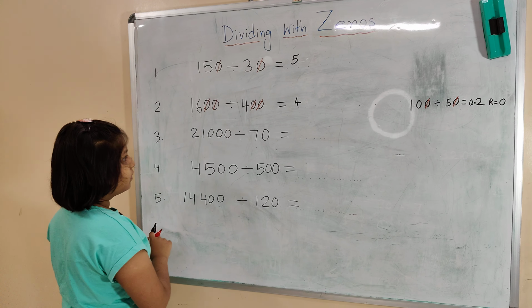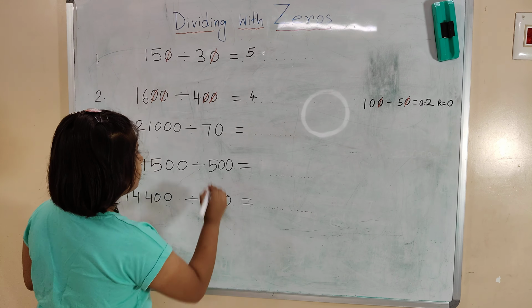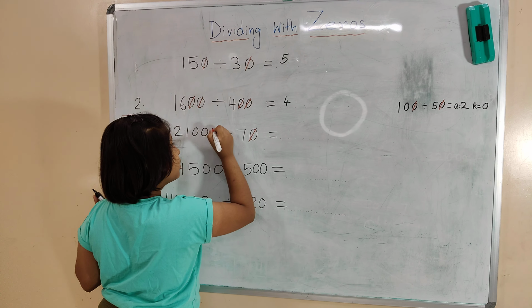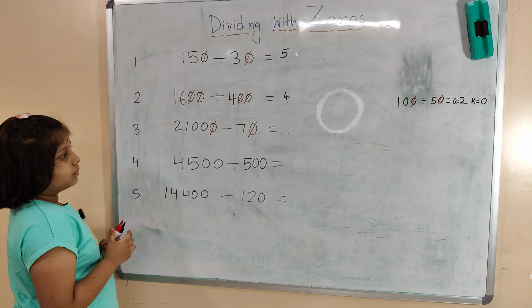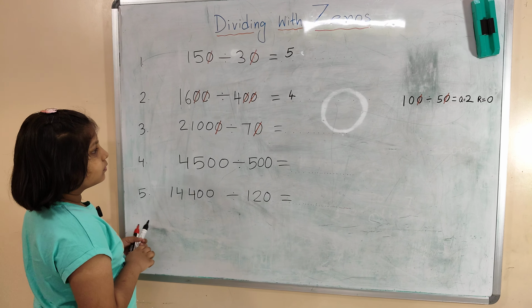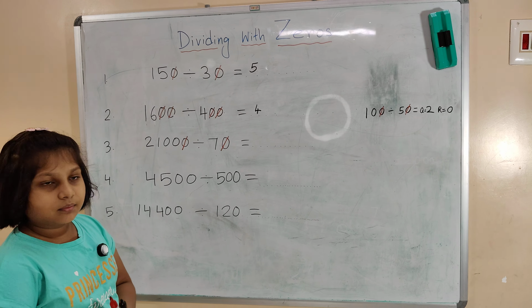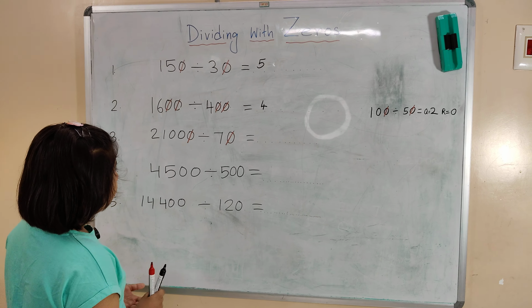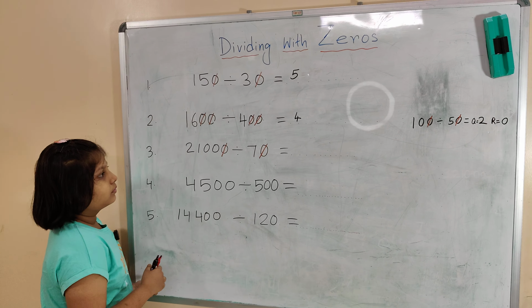So you can cancel only 1 zero from both the numbers. In 21,000 there are 2 more zeros, but you can't cancel those, because 70 has only 1 zero. So you can't cancel anymore.